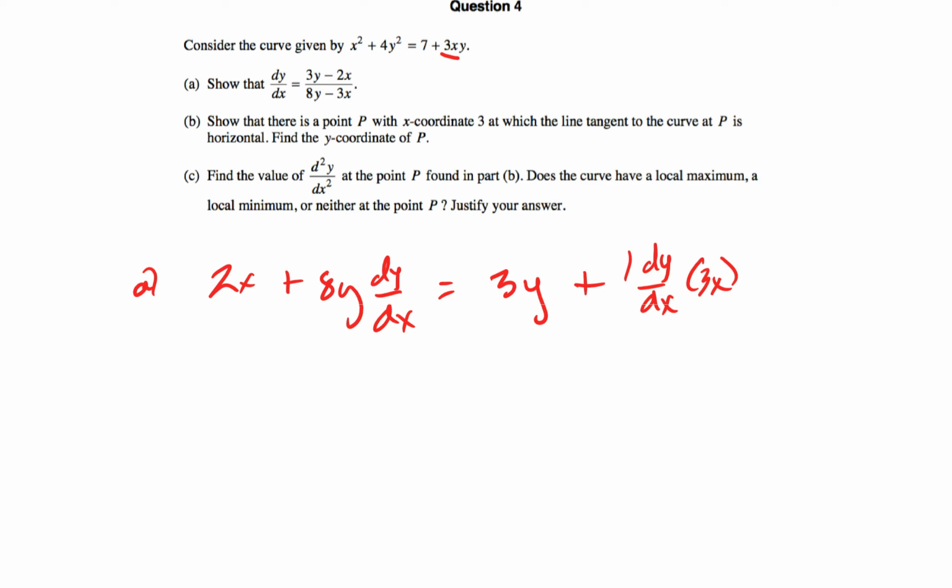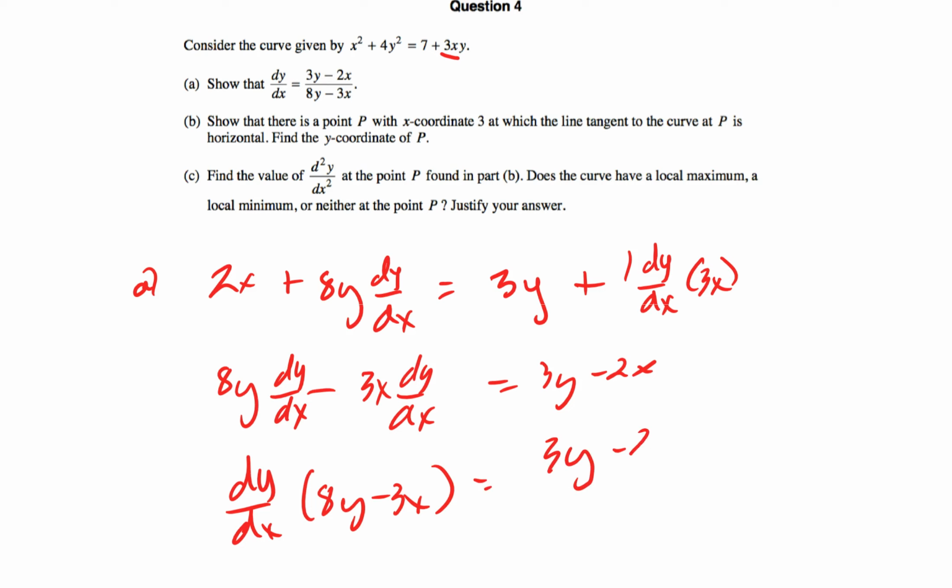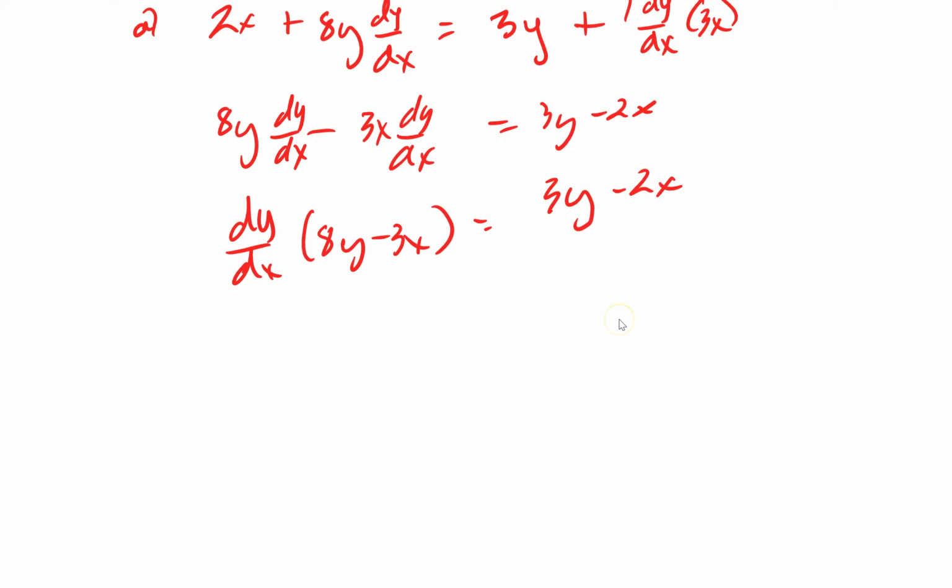Factor out the dy/dx. Divide by 8y minus 3x. And you should get the same thing they got.